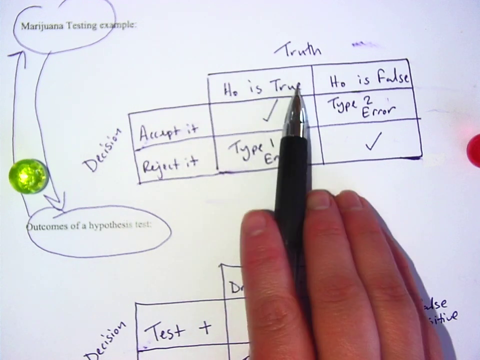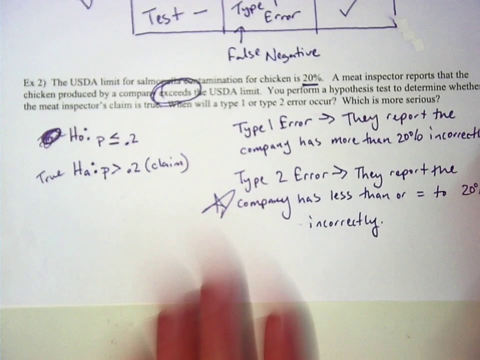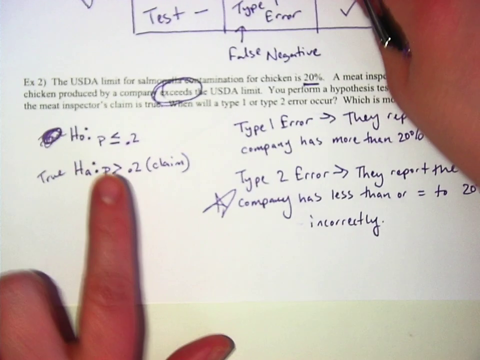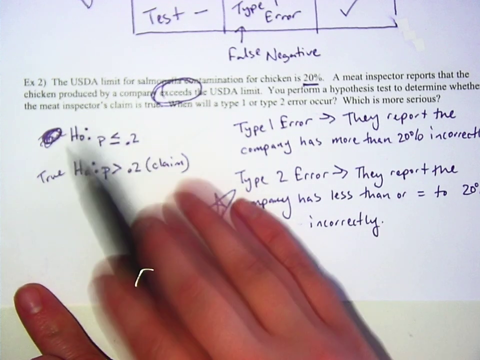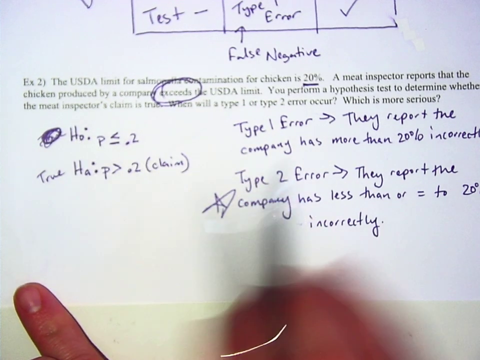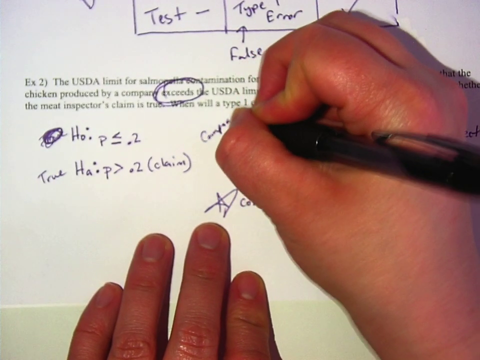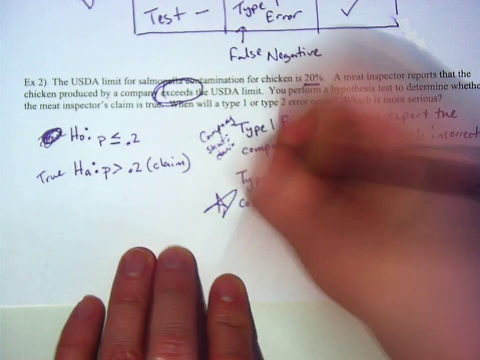The null is true, the null is false, not the claim. So type 1 error is when the null is true, but you reject it. So this is true, but we said nuh-uh. So basically, on this one, the company shuts down. And on this one, people get sick.